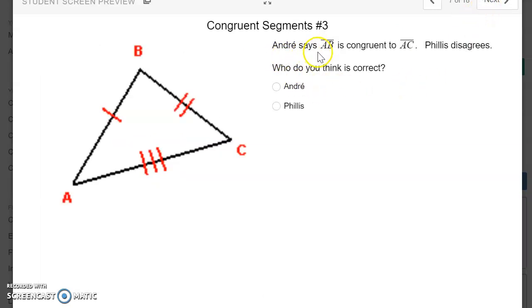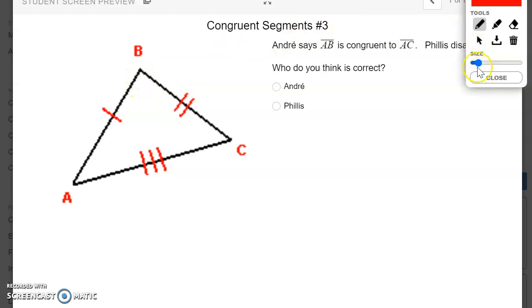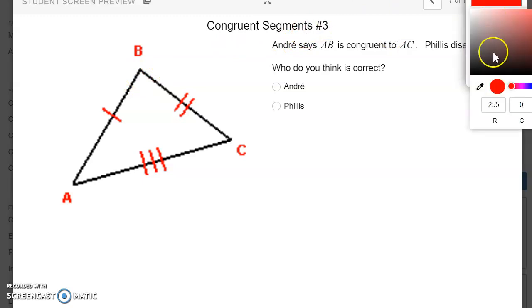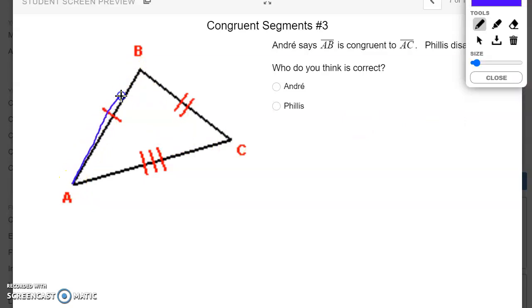Andre says that line segment AB is congruent to line segment AC. Philip disagrees. Where is line segment AB? That would be A to B, so we're really talking about this portion here. This is the portion that we're dealing with.